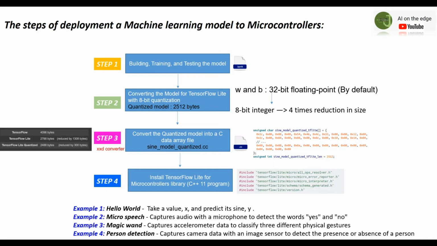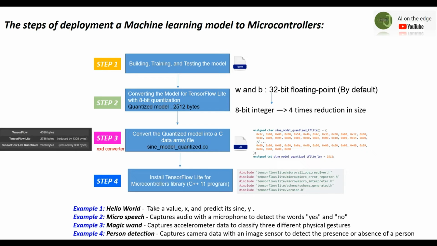Next would be micro speech. We will capture audio from the microphone, and we will predict whether this audio is yes or no. Then we can turn on or turn off an LED.